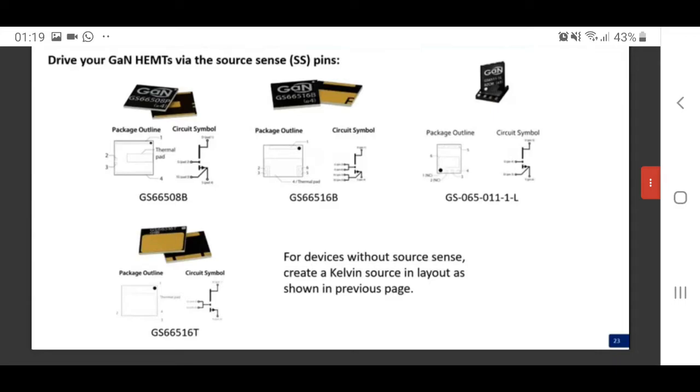So here is our layout recommendation. If the device you choose has a source sense pin, please drive the device with it. Do not short the source sense pin and the power source pin together. For the device without source sense pins, please create a Kelvin connection in layout, as we did in the previous page.